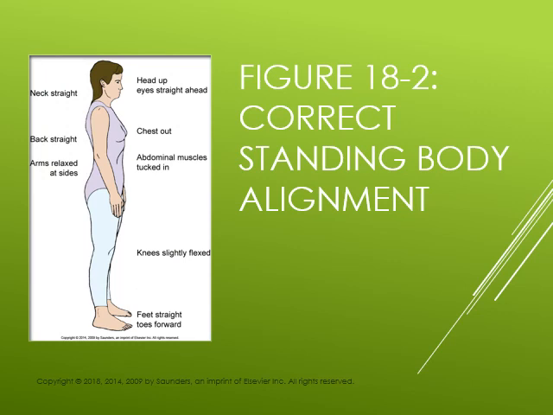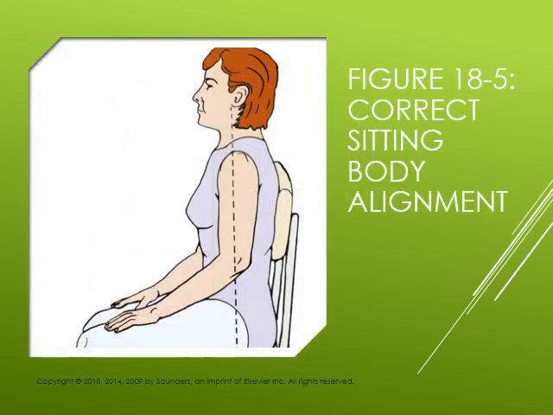Please refer to your textbook on page 269 to look at figure 18-2. This is an example of correct standing body alignment. Figure 18-5 is an example of correct sitting body alignment.